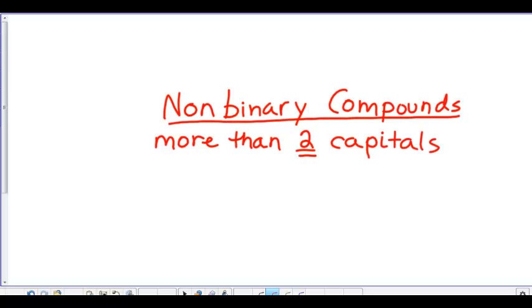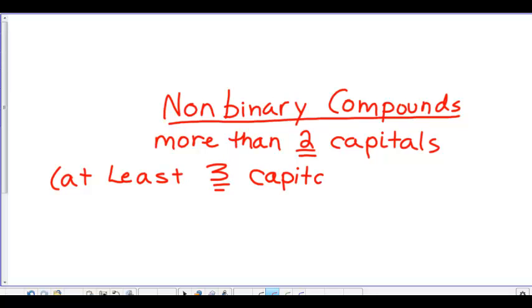They'll have at least 3. They might have more than 3, but they'll have at least 3 capital letters. Okay? And my little saying is when you see 3, go to table E.